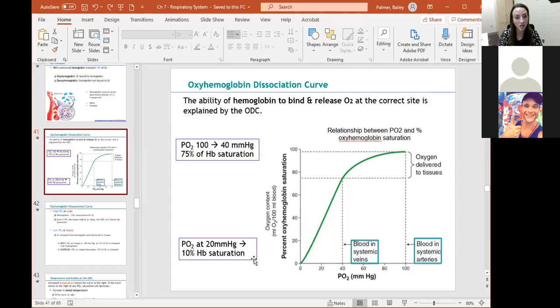Systemic arteries move blood to the tissue, away from the heart, high in oxygen, so higher partial pressure. Over here we see percent oxyhemoglobin saturation. This means the hemoglobin molecule is, say, 100% or 40% saturated with oxygen. It means it's holding on to those oxygen molecules in order for them to be delivered to the tissue. So that's really what the graph means.